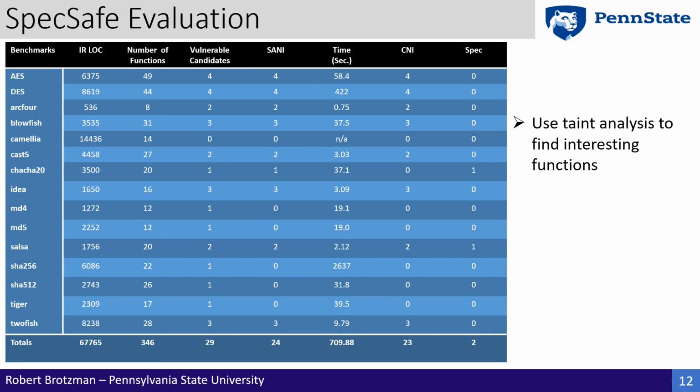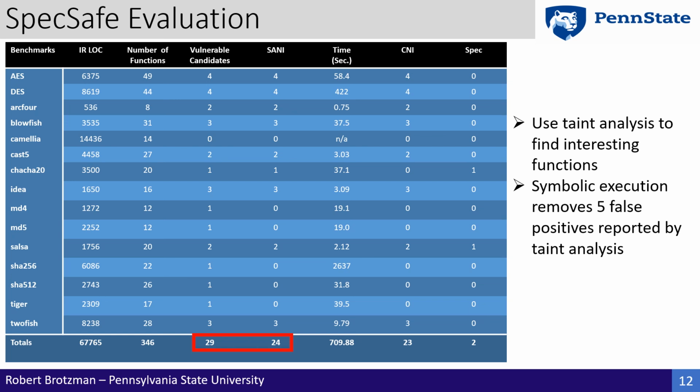We did this because the taint analysis is much more lightweight than symbolic execution to try to run over so many functions. Of those, our symbolic execution removed 5 false positives from the taint analysis identified here that violate our SANI definition. In addition, we found 2 new potential Spectre leaks in libgcrypt, one in the cha-cha-20 cipher and another in the salsa cipher.